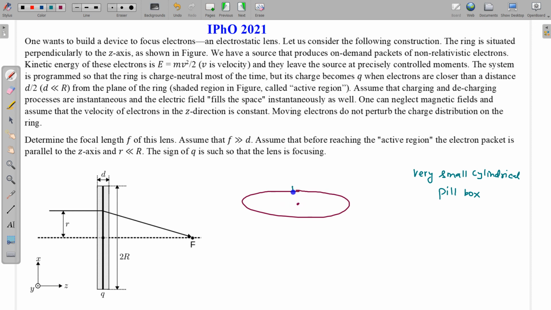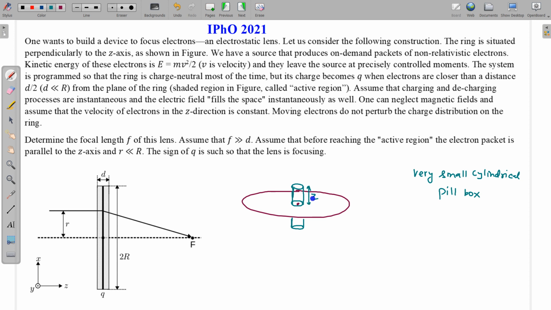This pill box Gaussian surface is something like this. So this is that cylinder. For the clarity of the diagram, this cylinder is looking big, otherwise this is a very small cylinder, and this height from this center is much less than the radius.